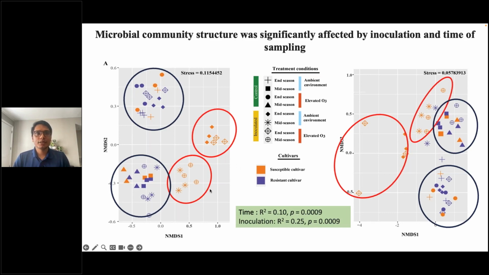Here we had mid-season and end-season samples clustering together based on the samples as well. Here we have the susceptible cultivars, here we have the resistant cultivars, both in terms of the bacterial and the eukaryotic communities. And in terms of inoculation, there was a significant effect. Like here we can see there was a distinct clustering of the inoculated susceptible plants. However, the inoculated resistant plants behaved as control susceptible plants.